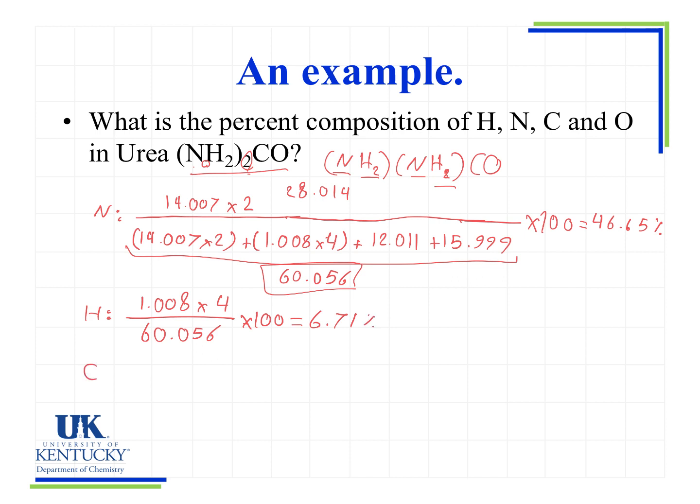For carbon, we have only one carbon, so it's 12.011 over 60.056 times 100. It's 20%. And if you do the same thing for oxygen, I just write the answer, 26.64%.